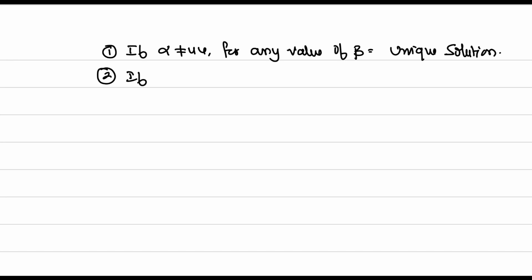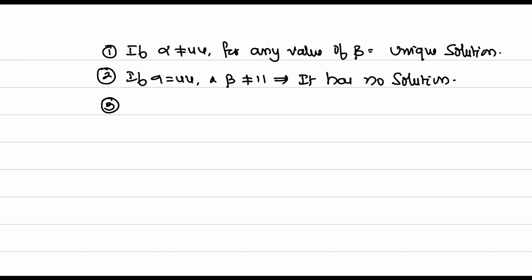Second, if alpha is equal to 44 and beta is not equal to 11, it has no solution. Third, if alpha is equal to 44 and beta is equal to 11, it has infinite solutions.